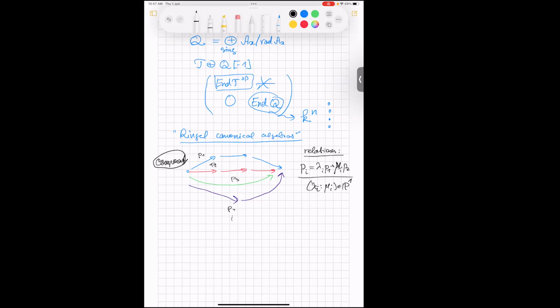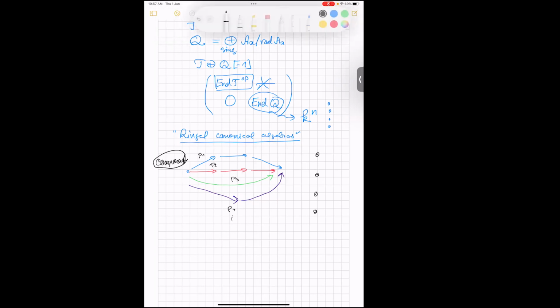Then we add to this picture. Okay, I will erase these relations. We add several points, these points. And then we add some arrows.